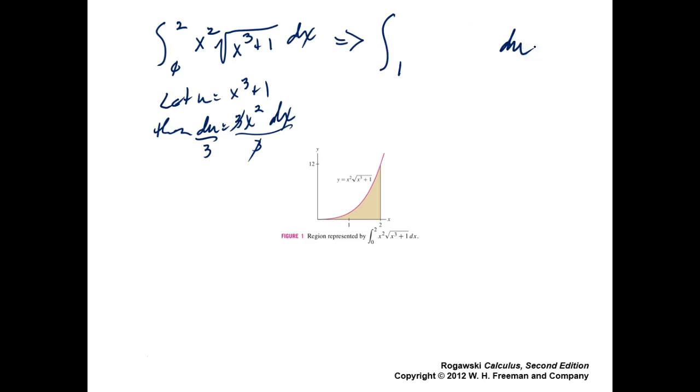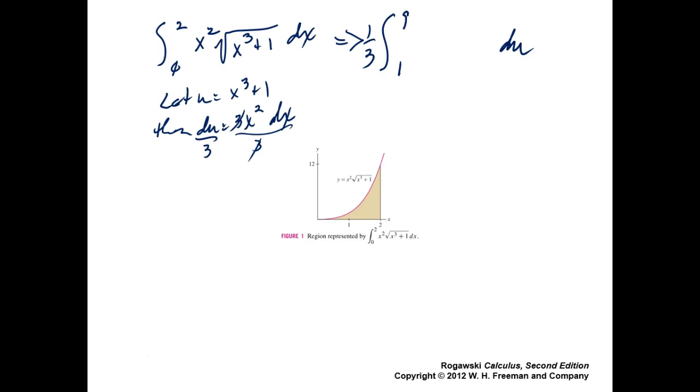When you plug in x equals 2, 2 cubed is 8, plus 1 is 9. I have to put my 1/3 out here for this to work. That dx becomes du over 3.